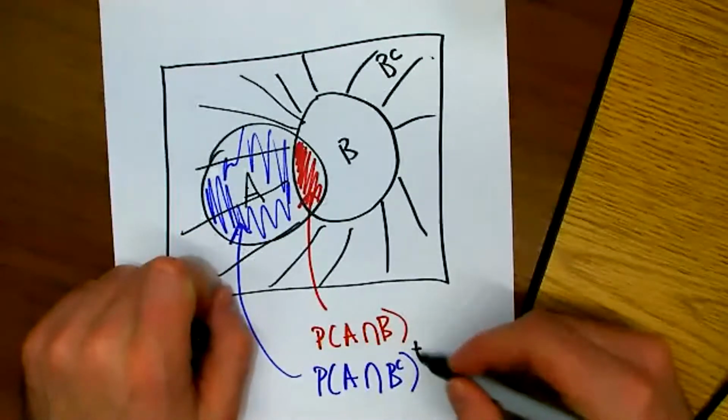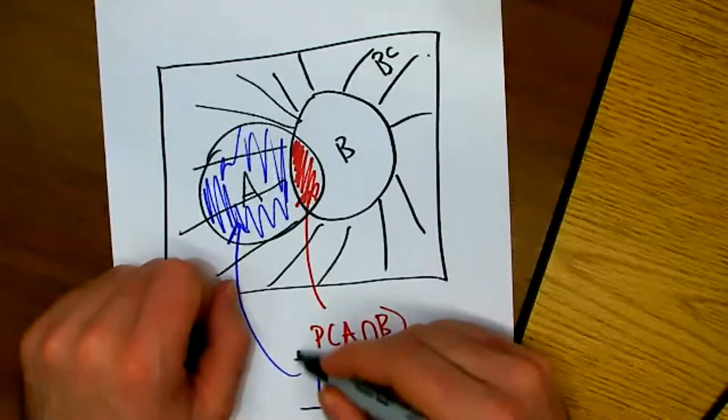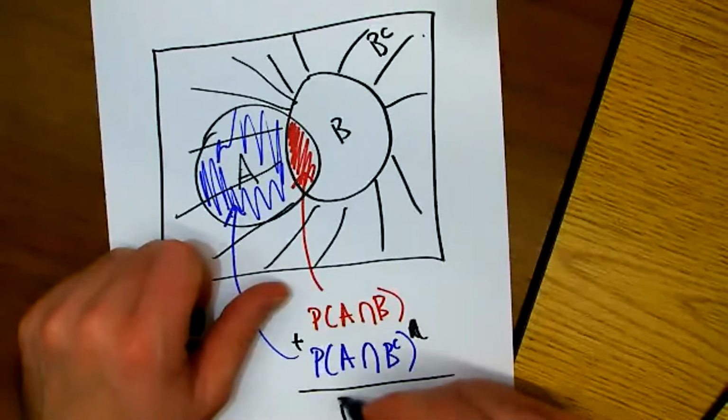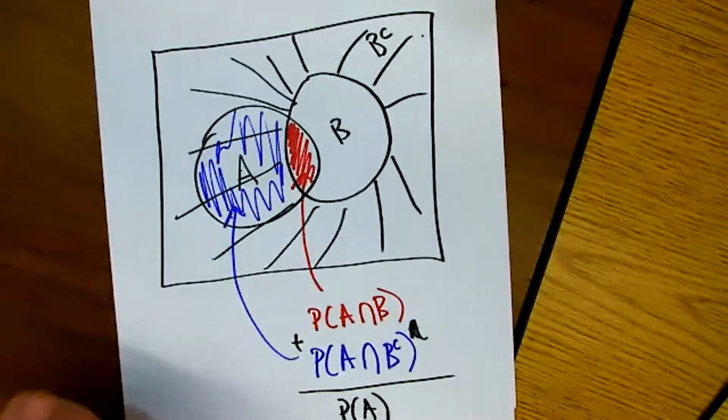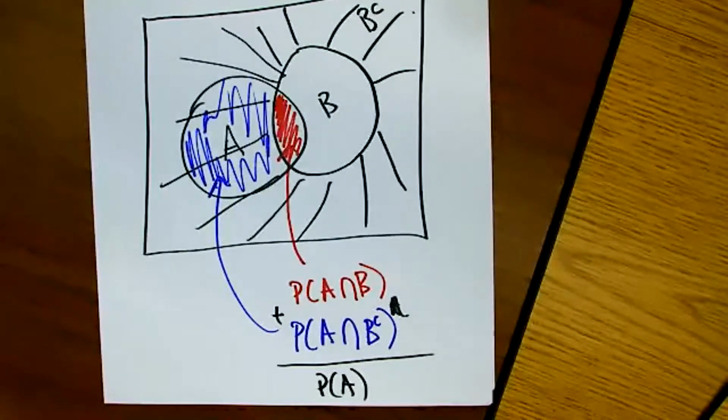If we add these together, I put the plus sign on the wrong side, that should give us just the probability of A. Any other questions on that? Okay, so that's the general idea of what we're doing there.